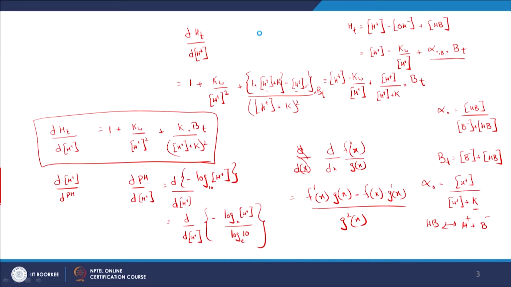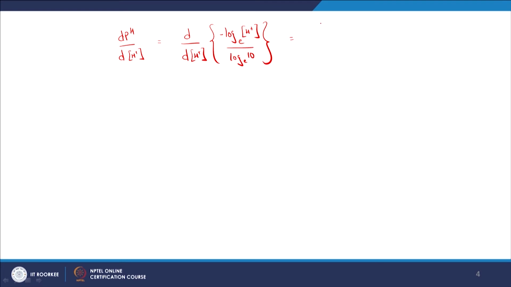Let me just double check that. So now that's going to be equal to the derivative with respect to h plus of minus natural logarithm of h plus by 2.303, right? And so that's going to be equal to minus 1 by 2.303 into 1 by h plus, right? So that's what we have here.